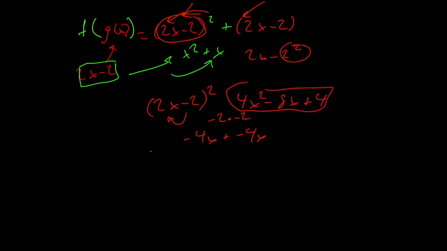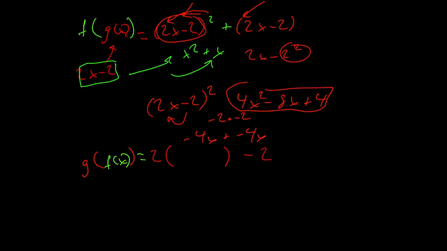We can also do this the other way, where you have g of f of x, which would equal, here you plug in f of x instead of every occurrence of x in g of x. So again, g of x is 2x minus 2, so you'd have equals 2 times some value, which would be f of x, minus 2.